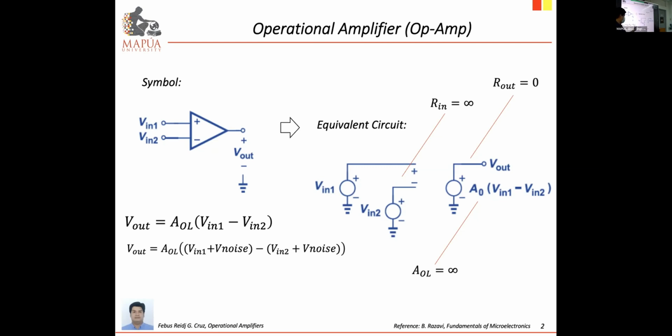Together with Vin2, it also has the same amount of noise. So because of the differential input, this random signal or the noise will automatically be rejected or canceled in our amplifier. So that would be the main advantage of using our op-amp.